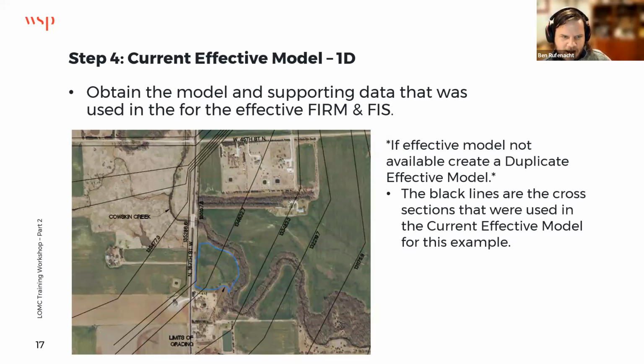You won't be able to get a hold of the model, and you will have to create a duplicate effective model. So essentially, you have to create a new model that shows the floodplains as they are on the map. In this case, we do have, this is a 1D unsteady state model, actually, in the case of this example.